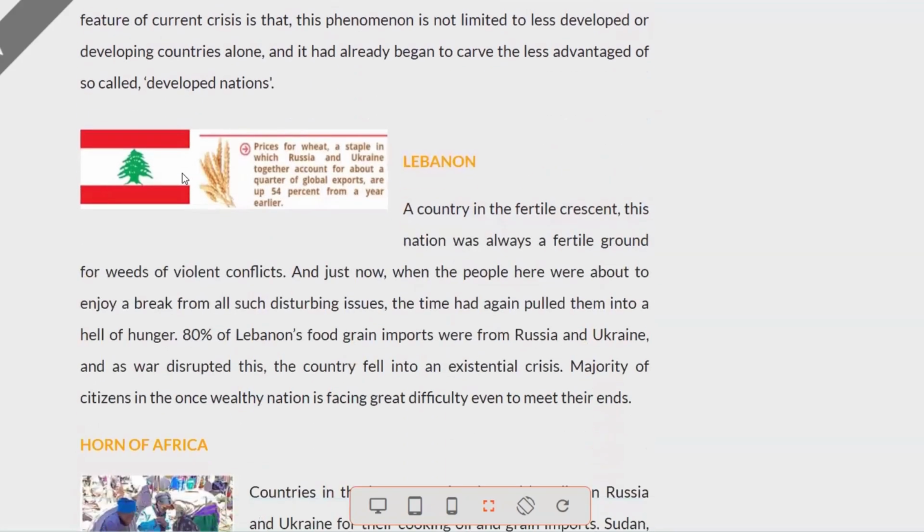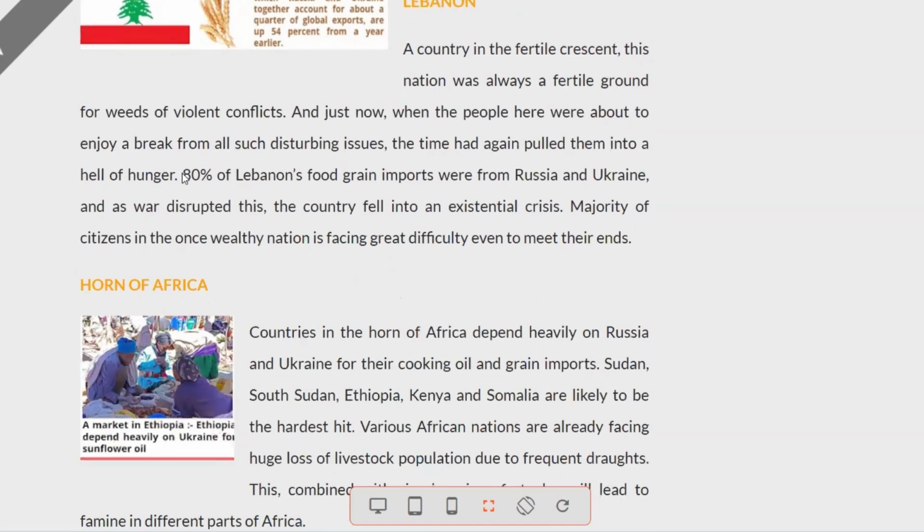Then in the fourth and fifth passage, you can give more specific details or more specific examples. Here I had given how this issue in Russia and Ukraine affected one single country, that is Lebanon, or the Horn of Africa, how this issue affected a single region.